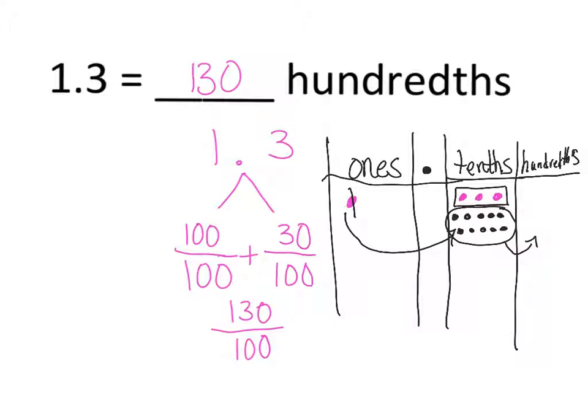Well, we had 13. Because we're multiplying by 10, we're adding another 10 to that. We've got 130 hundredths, which is the same as what I had over here when we did the decomposition. So 2 different ways of solving this type of problem.